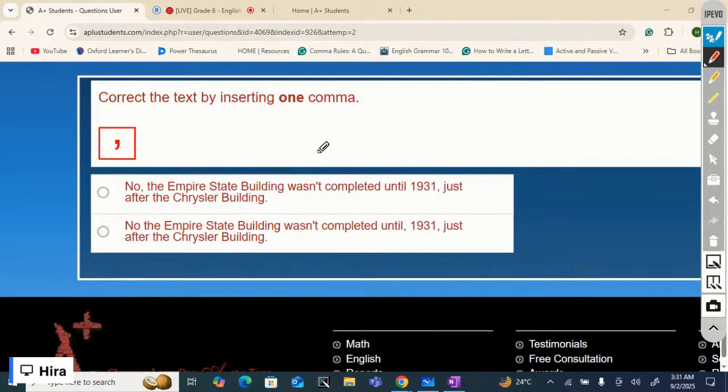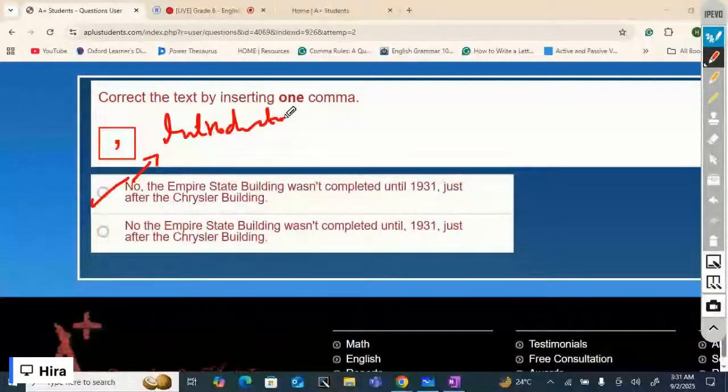Well, I'll explain the first question for you. The first one is correct. Why? Because no is the introductory word here. Yes, no, well. So a comma is used after this word.